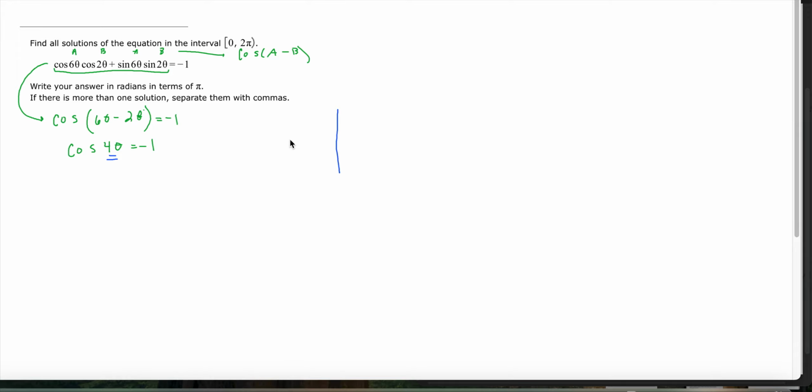Thinking about the unit circle, what would correspond to this point, which would be -1, 0? We know that's cosine theta, sine theta. So cosine of pi is equal to -1.